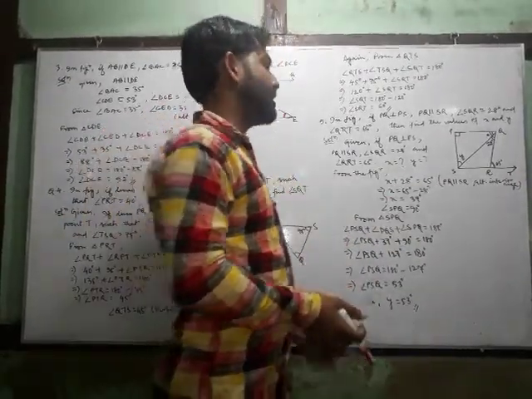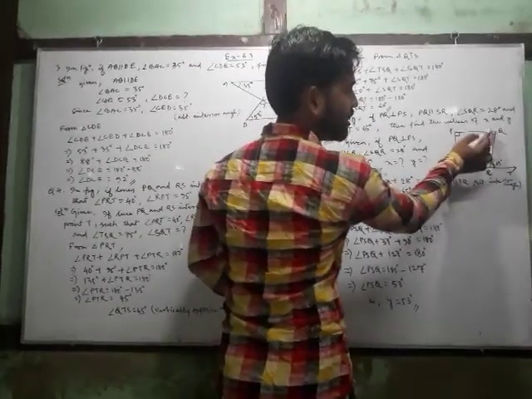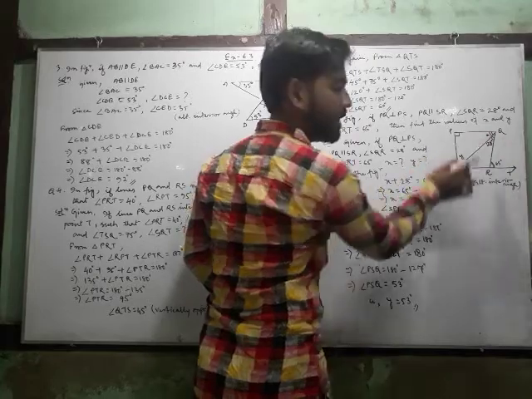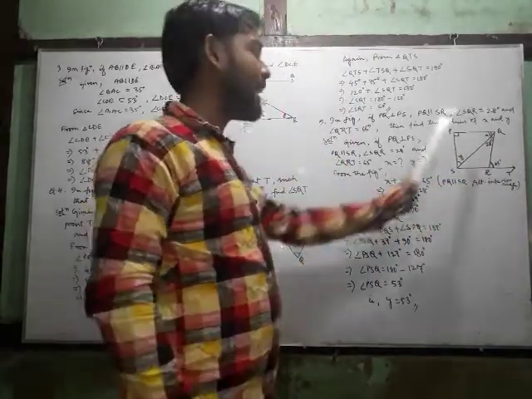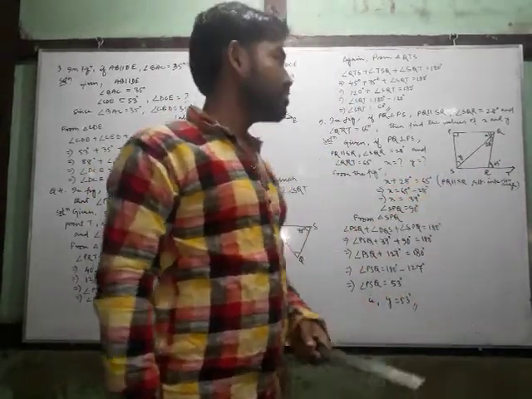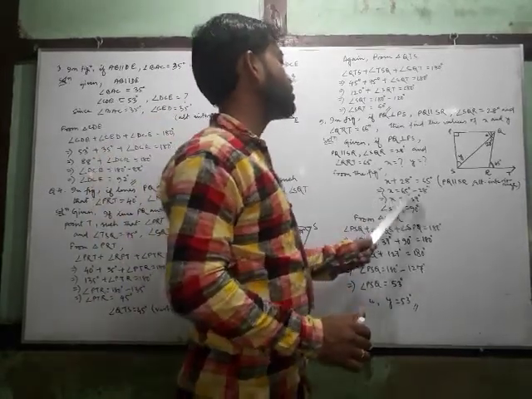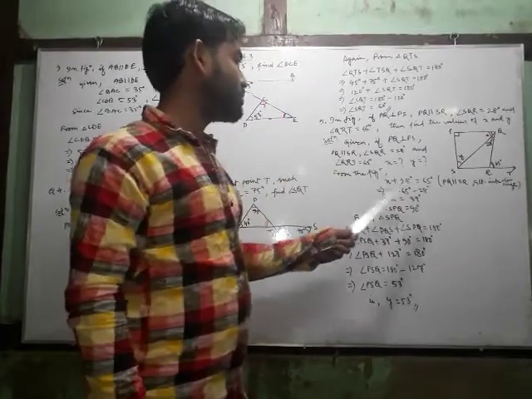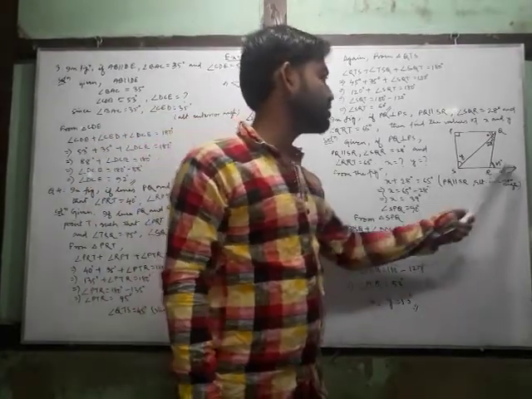So we can easily write that this angle consists of two angles. You see clearly, this angle at Q consists of two angles, X and 28. So the sum of these two angles, X plus 28, will be the same as 65. So from the figure, X plus 28 equals 65.